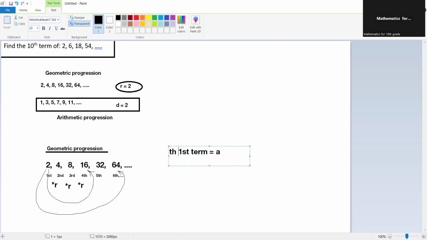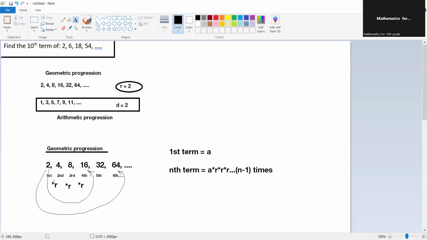So the nth term would be a into r into r into r. How many times r? n minus 1 times. That's got from here.